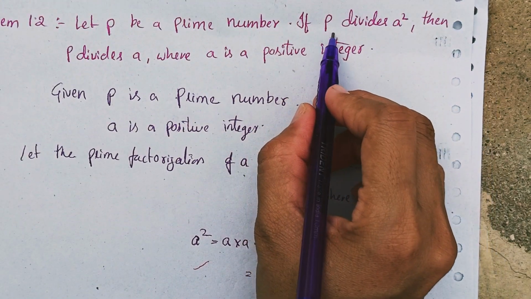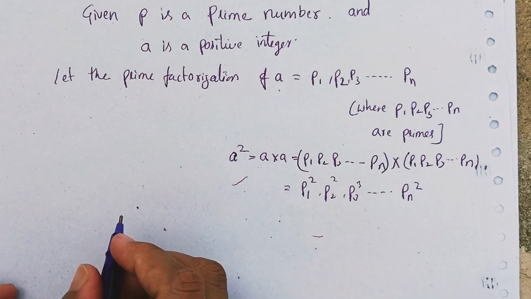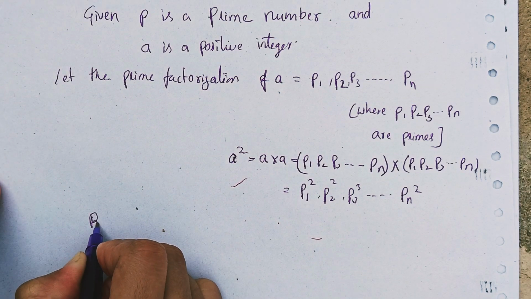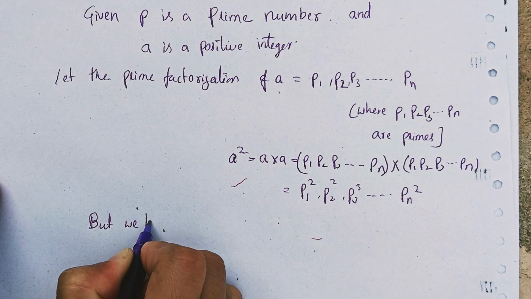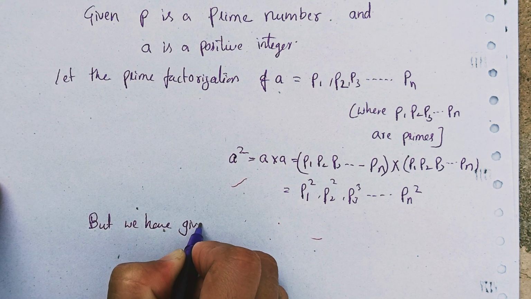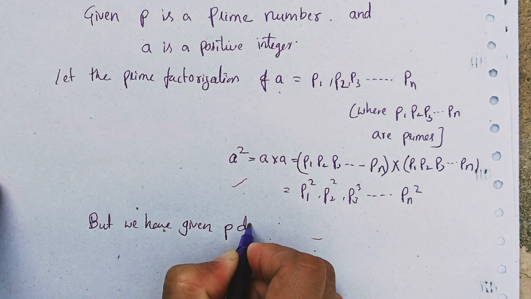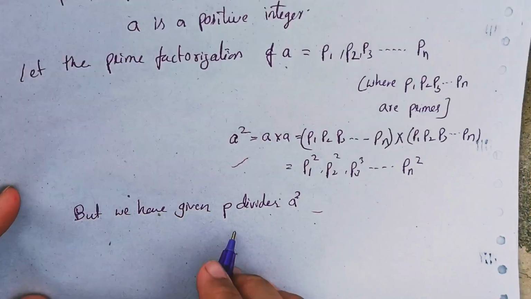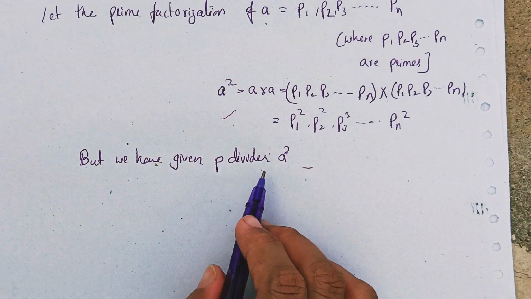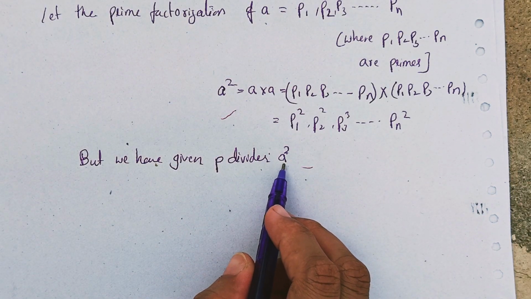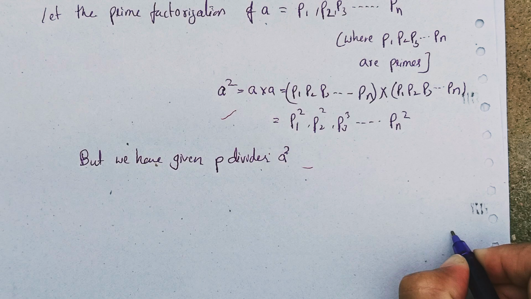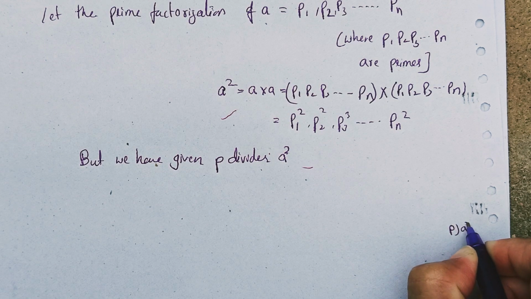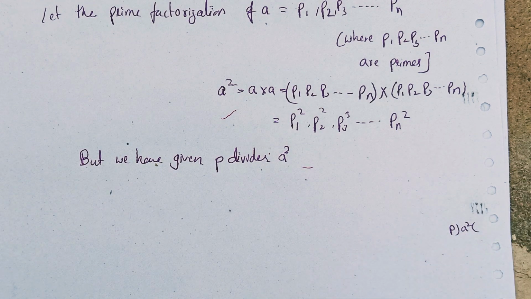But here we are given that p divides a square, so p divides a square means a square is divisible by p.